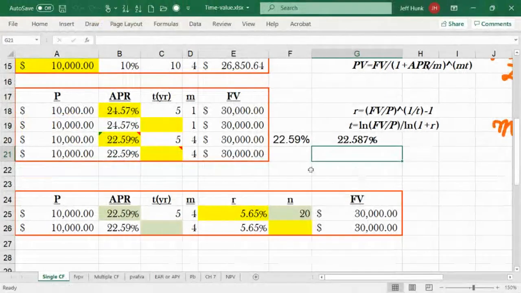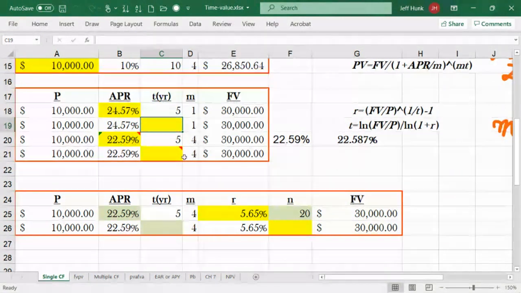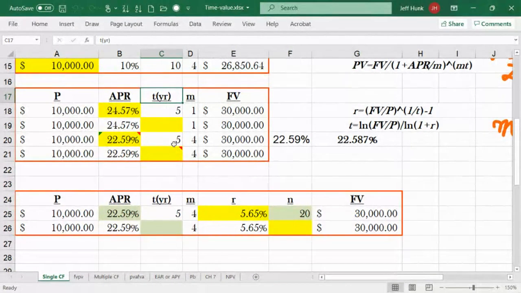I want you to open this file and have it in front of you. This is what we did last time, and we solved basically for R, the rate, by formula. Now this time, let's do it for n. And of course, in this case, n is the actual number of compounding.